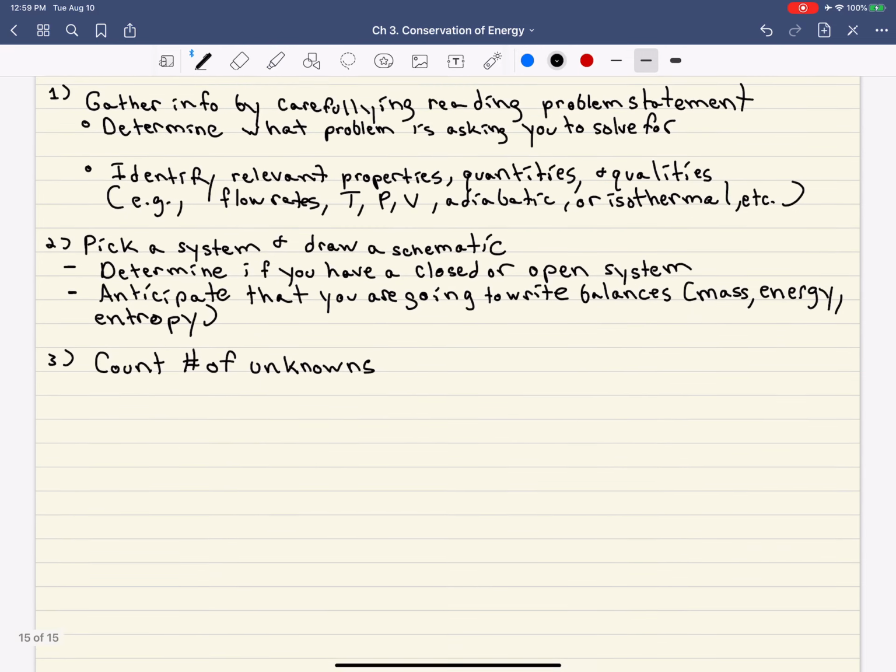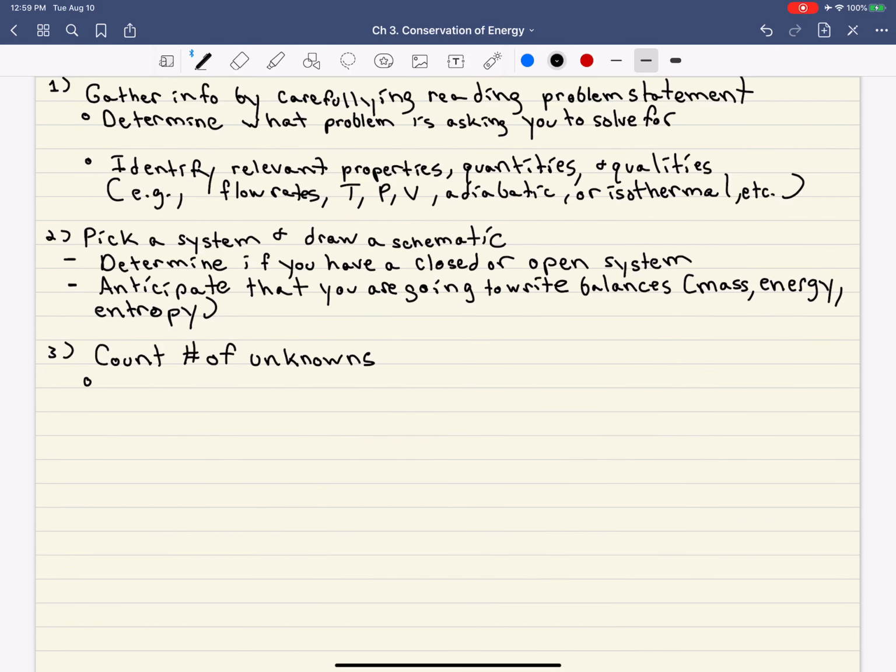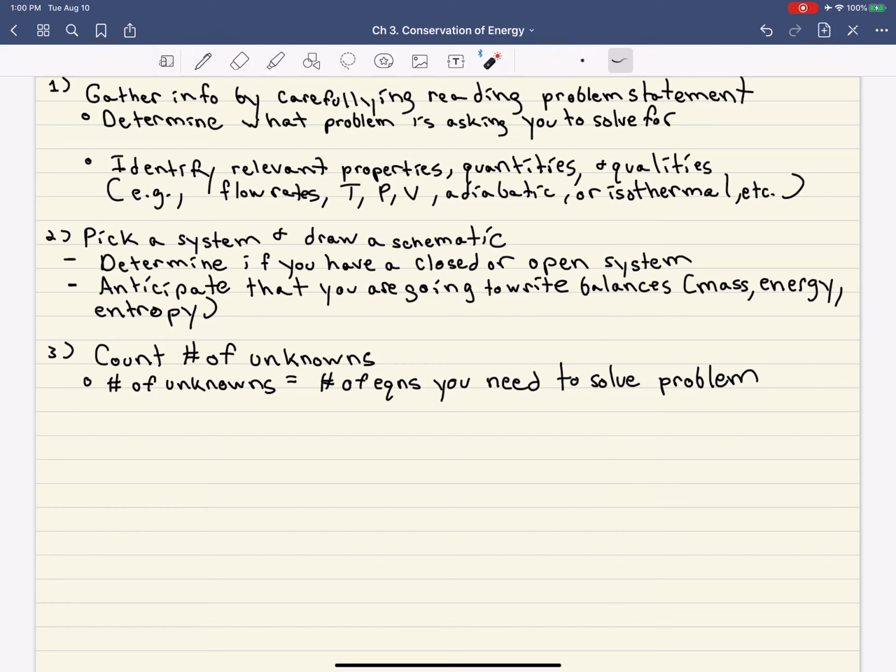And the reason for that is because the number of unknowns you have in your system for your problem is going to be equal to the number of equations you need to develop or derive to solve the problem. Right? And so counting the number of unknowns will help guide you. It tells you how hard you need to work in order to solve the problem.